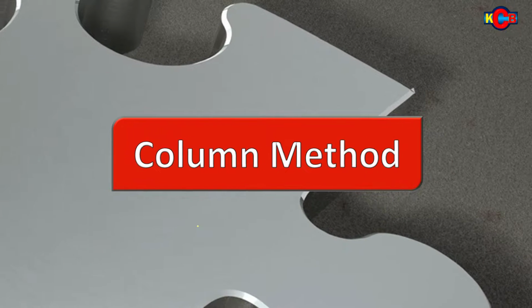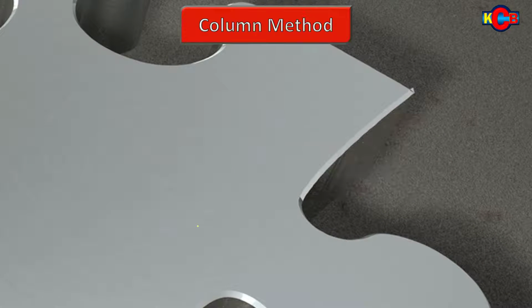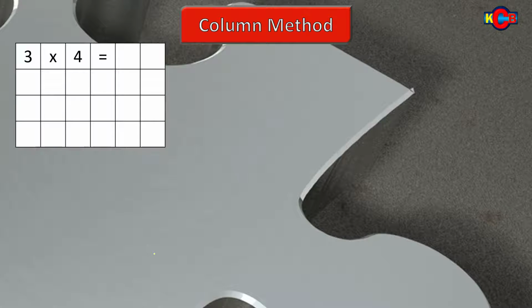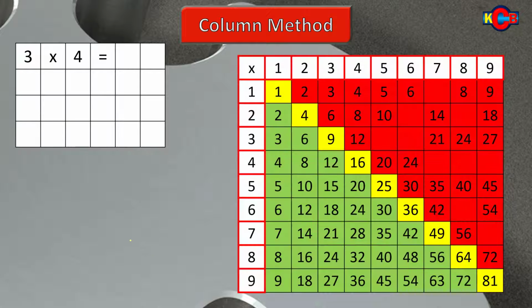Now we are going to learn how to answer multiplication using the column method. This is our first example. 3 times 4. To proceed, first write 3.